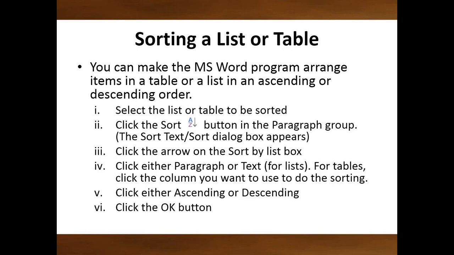Step 1, select the list or table to be sorted. 2, click the sort button in the paragraph group. 3, click the arrow on the sort by list box. 4, click either paragraph or text for lists.